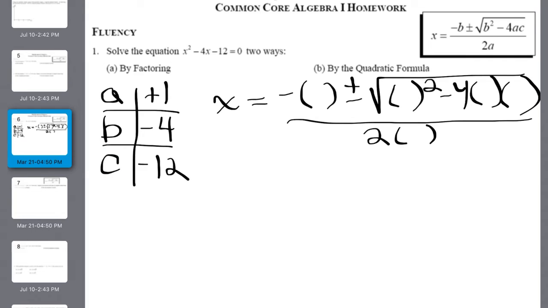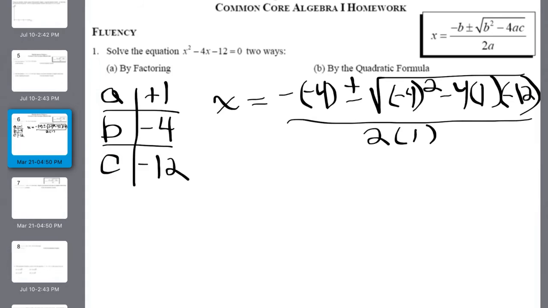Well, now I'm going to go back and substitute. My b is a negative 4. My a is 1. And my c is a negative 12. And my a is 1.